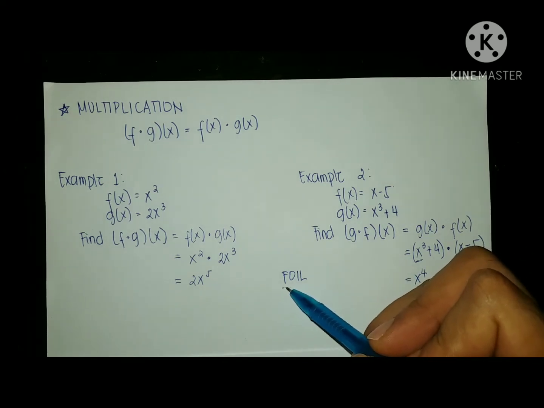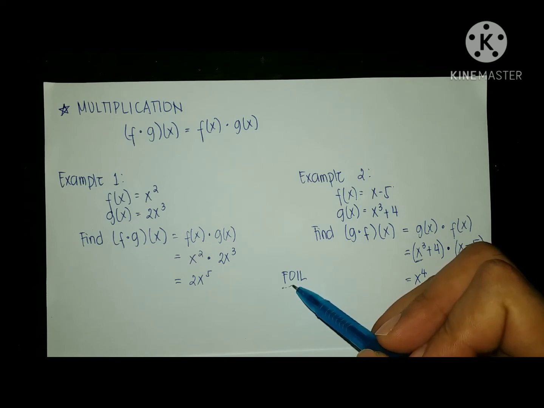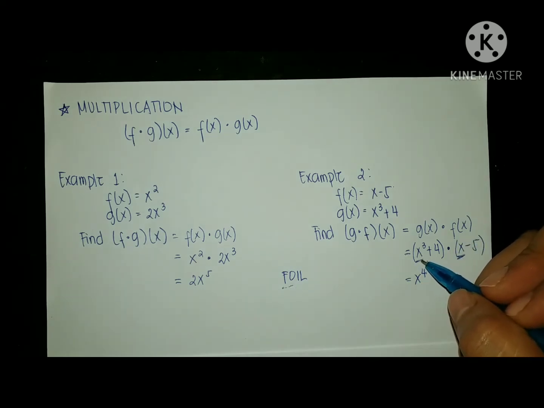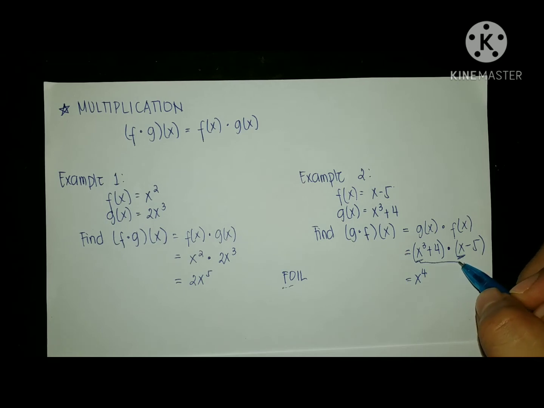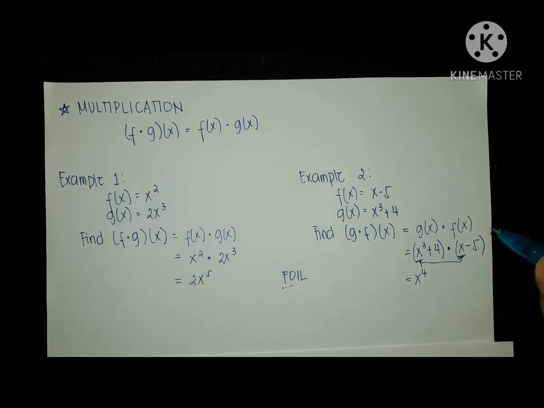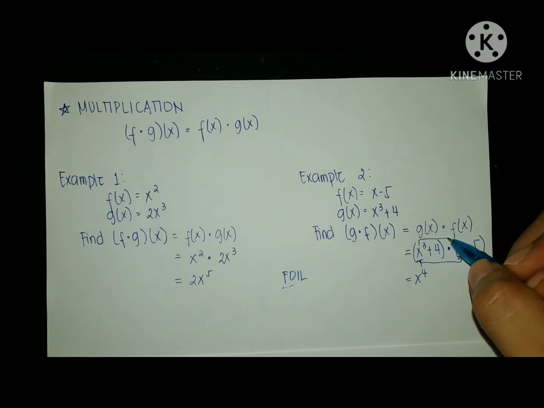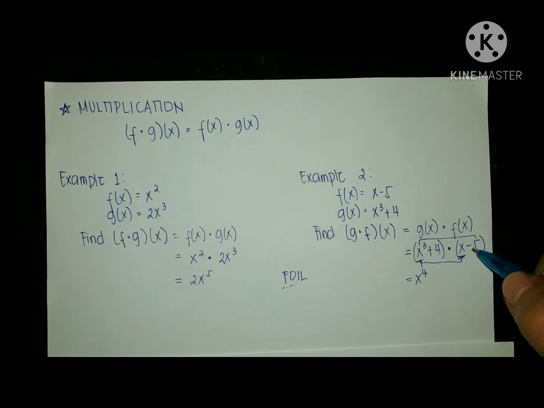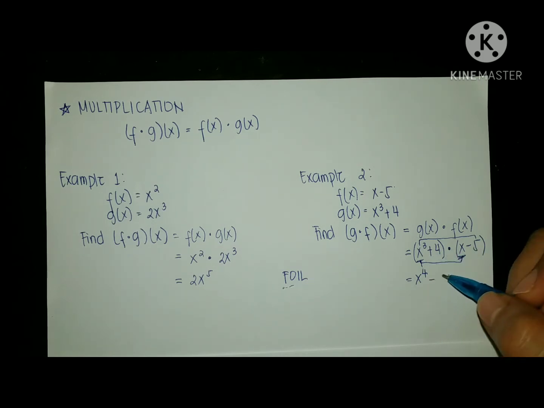Then we have the outer terms. Let us write first. The outer terms are x cubed and negative 5. So x cubed times negative 5, that is negative 5x cubed.